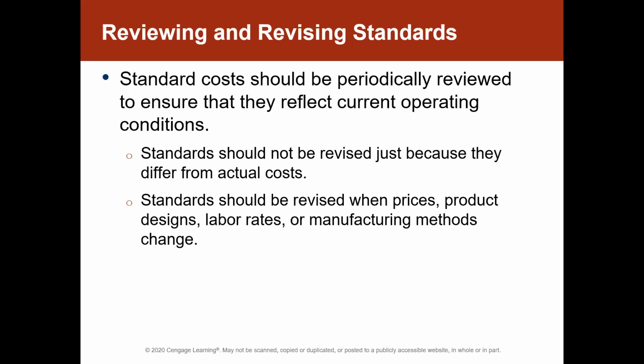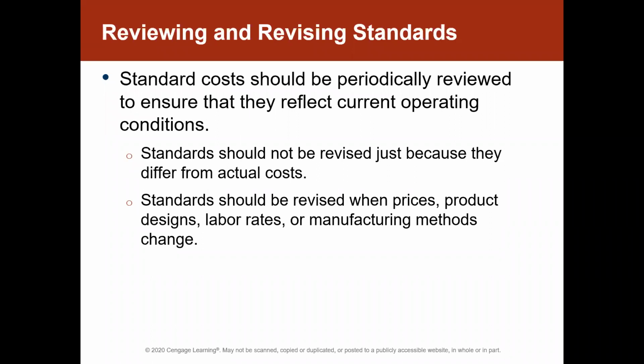In addition to setting that minimum of reviewing every year, if something changes, if we become aware of a change that wasn't planned or expected, we can go back at any time and review these standards.